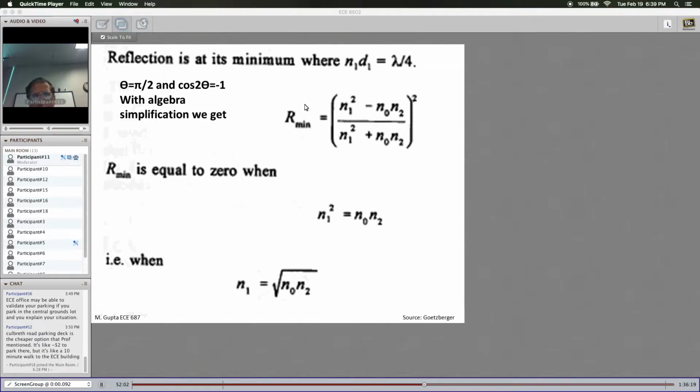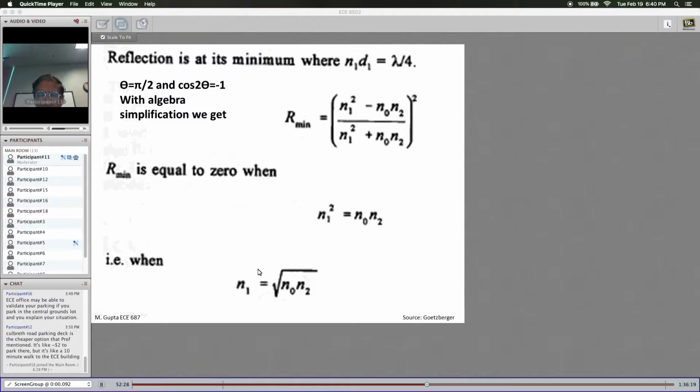Now we want that R minimum to be 0. So if you put that to 0, that means N1 square equals N0 N2. That means N1, the index of the film, must be equal to the square root of the index of the incident medium times the index of the substrate.